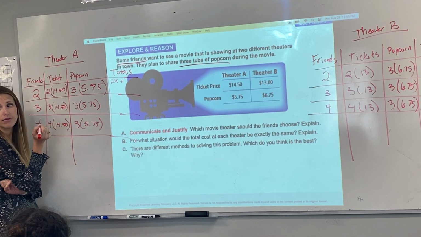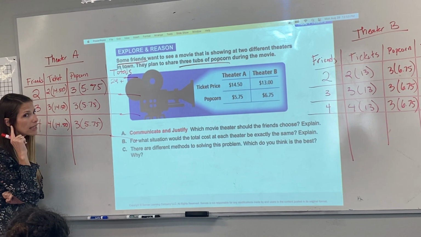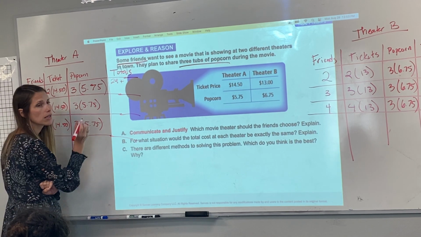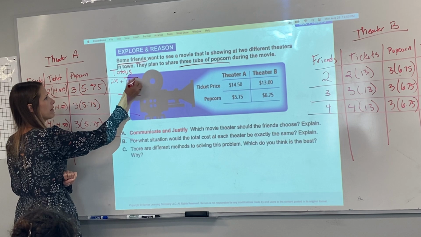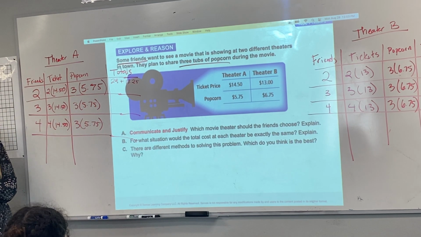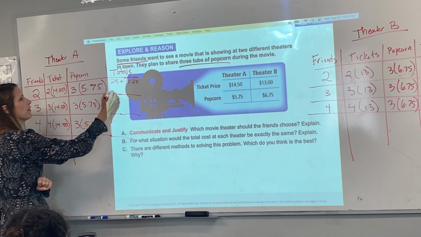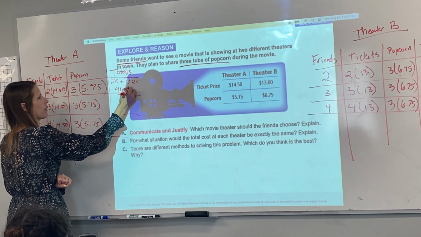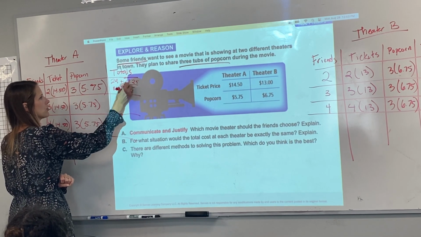What is it? Say it loud. 17.25. Add those together. And what do we get? You can just punch it into your calculator. It's 46.25. Good. 46.25 is the total for this.